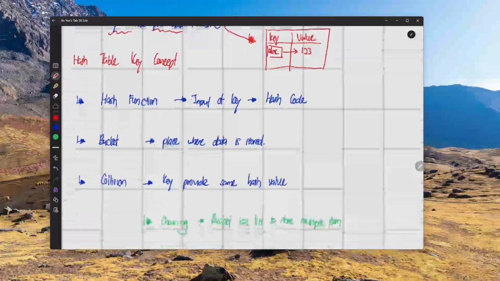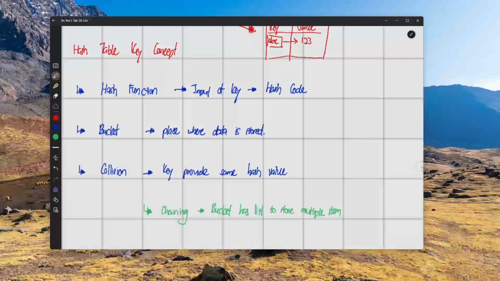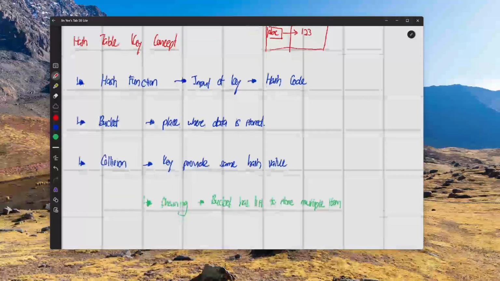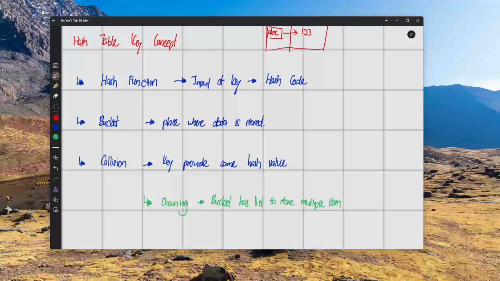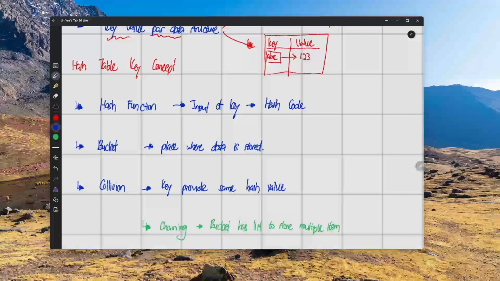Okay, next we're going to talk about the concept of the hash table. The first thing is that a hash table has the hash function. Just now we mentioned there's a key. This key is actually a unique key. It has to be unique. Before we talk about the key, let's talk about the hash function.